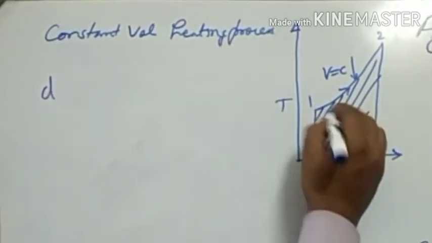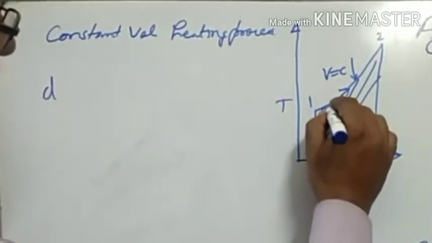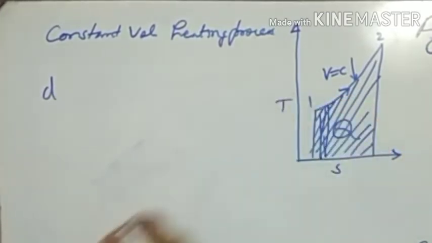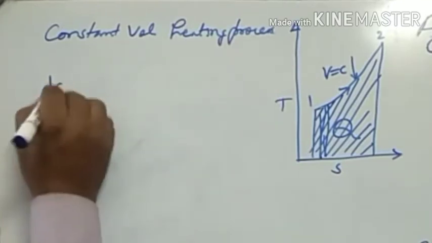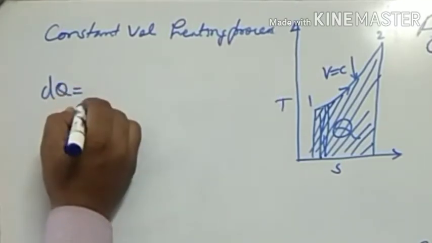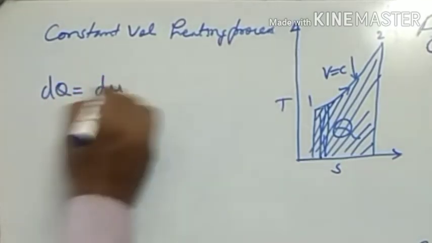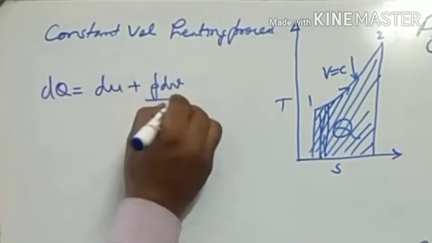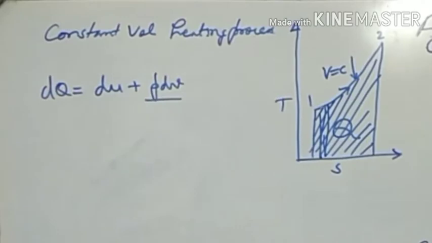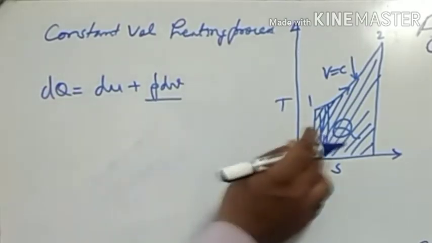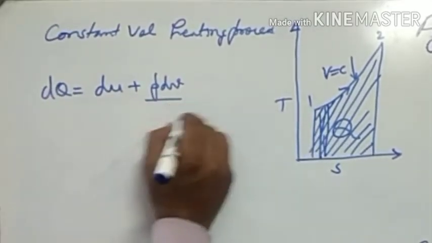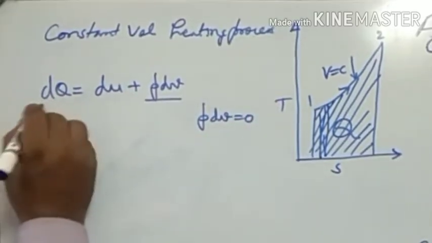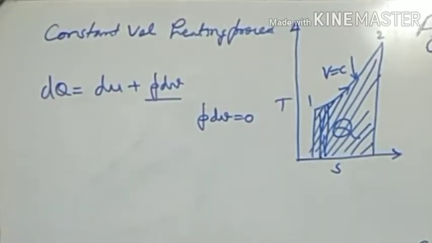We will consider a small elementary area where we say that the temperature is constant. From the first law of thermodynamics, dq equals du plus pdv. We take pdv because we are considering a closed system, and in this constant volume process the work done, pdv, is 0, so it becomes dq equals du.